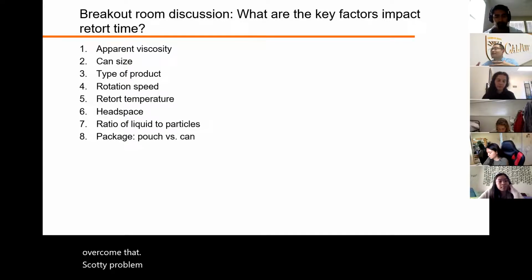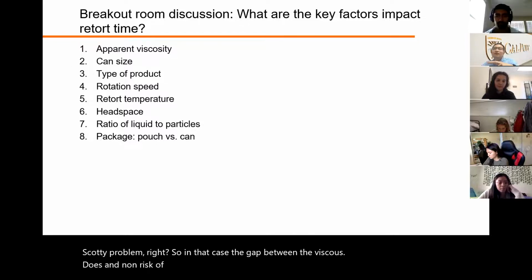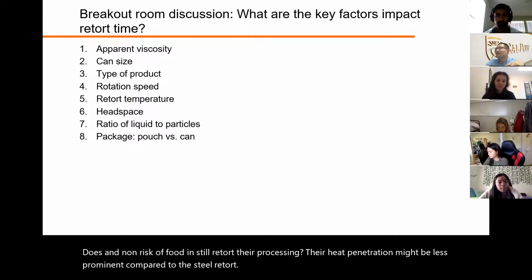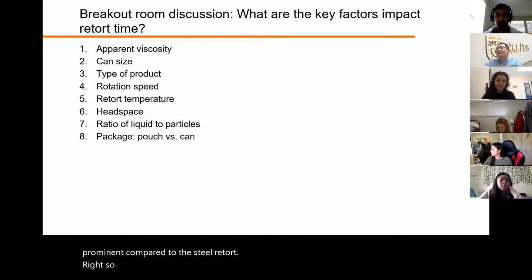So in that case, the gap between the viscous and the non-viscous food in their heat penetration might be less prominent. So this is something that I wanted to ask. Okay. All right.